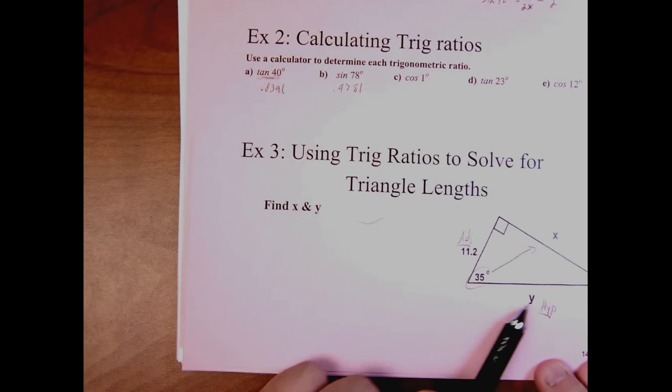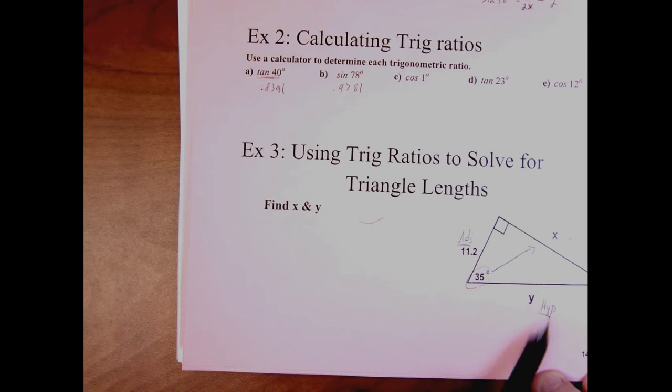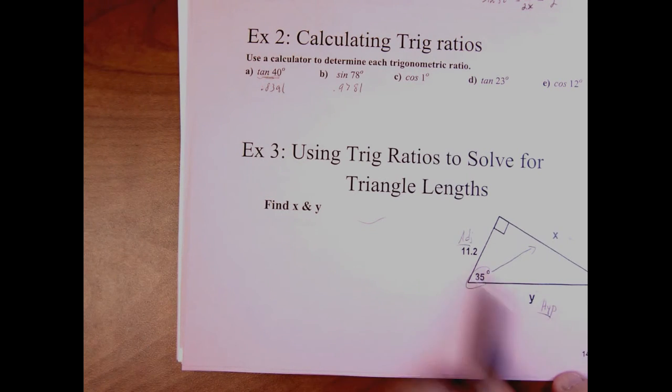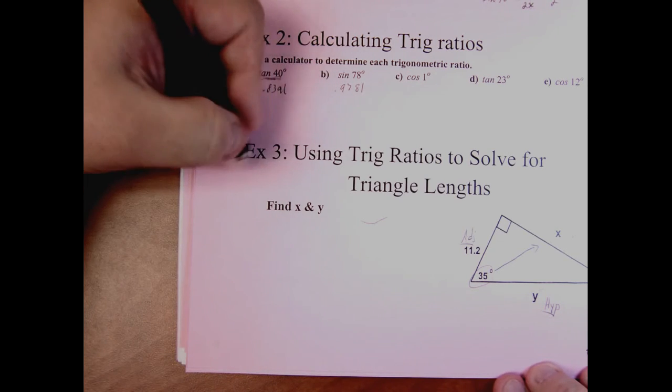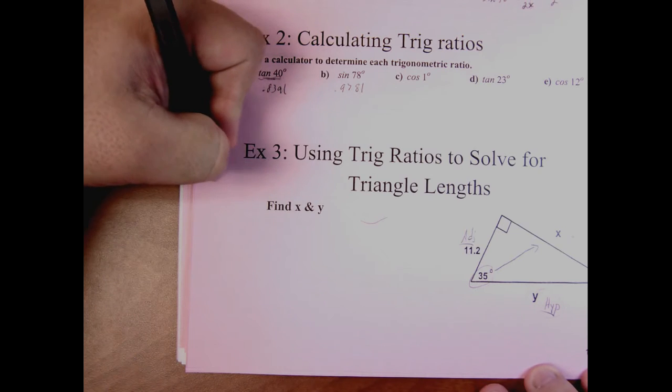So if I want to solve for y, that's the hypotenuse. The only side length we have to work with is this adjacent side, so I need something that has both adjacent and hypotenuse. There's an easy way to keep track of all of your trigonometric ratios. It is a phrase we've been using for at least a century, probably more.